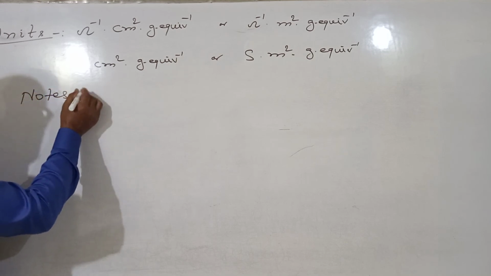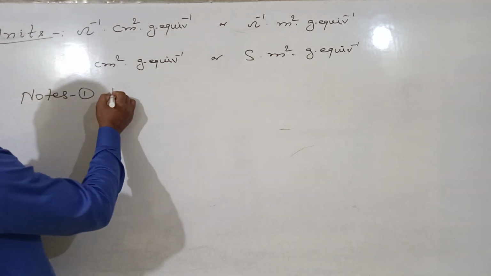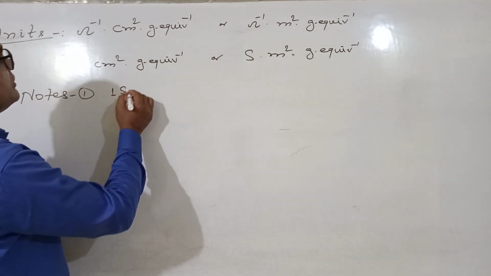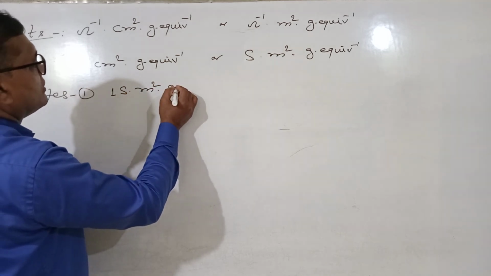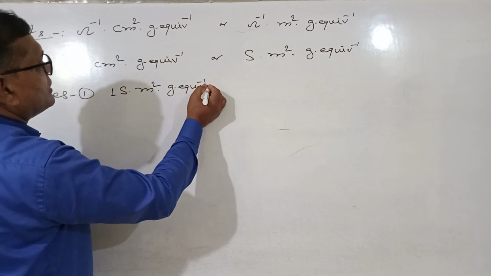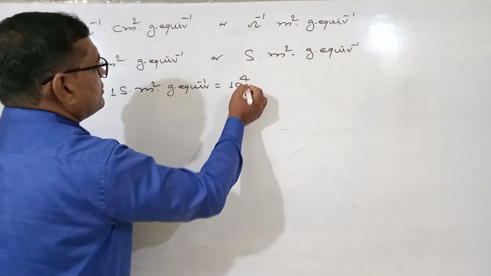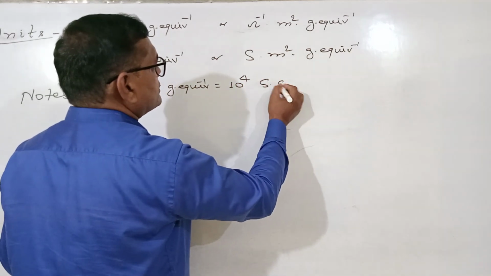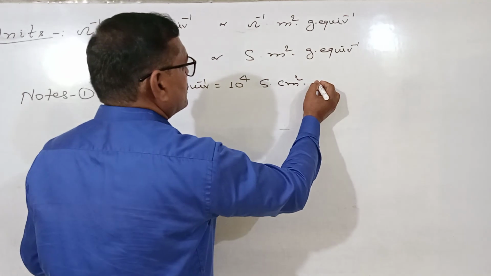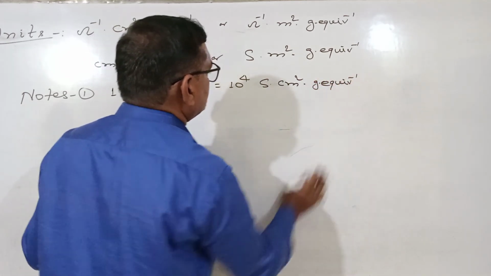Now we write two notes. Note first: 1 Siemens meter square gram equivalent inverse is equal to 10 to the power 4 Siemens cm square gram equivalent inverse.